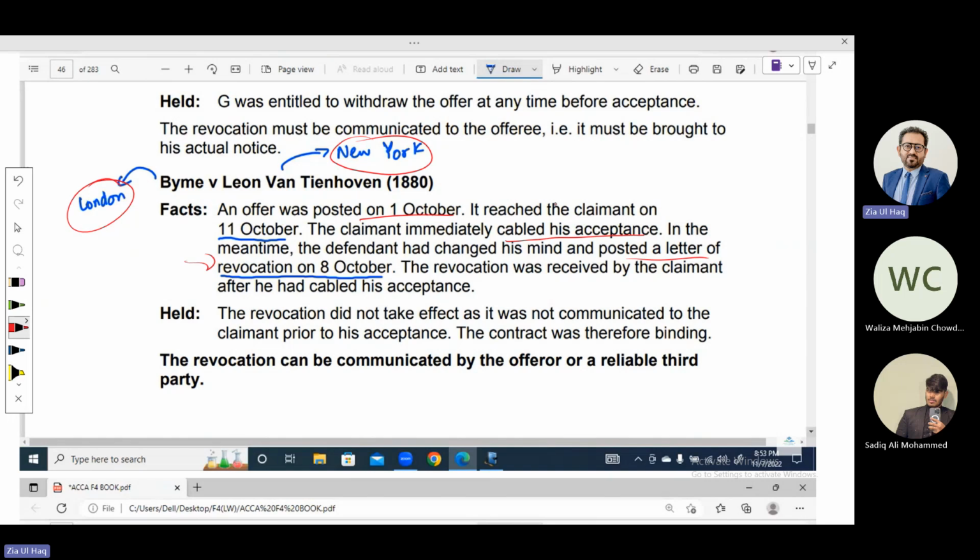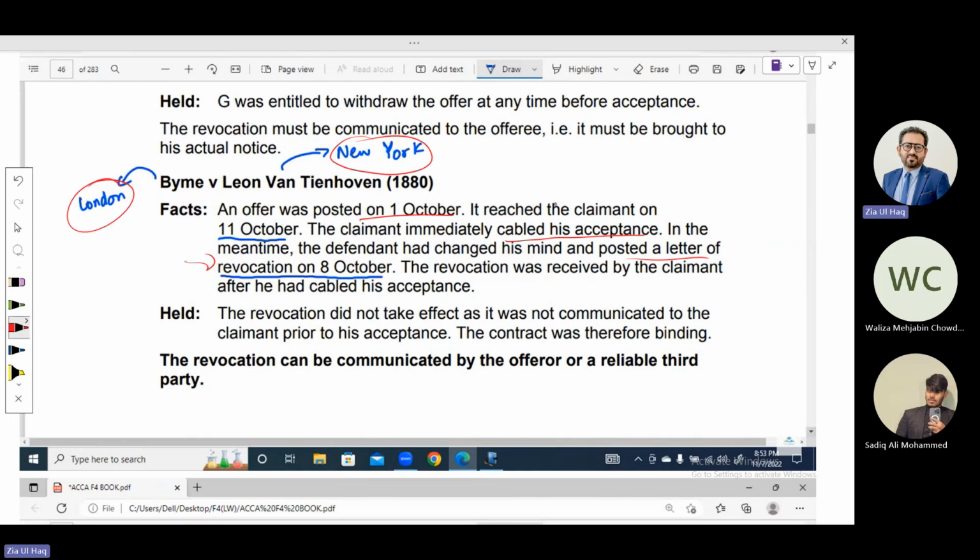So on 1st October, you offer something to sell. And Mr. Offeree accepted on 11th of October. As you did not know he had accepted, on 8th of October, you revoked the offer. But till 11th of October, it was not communicated to the offeree.